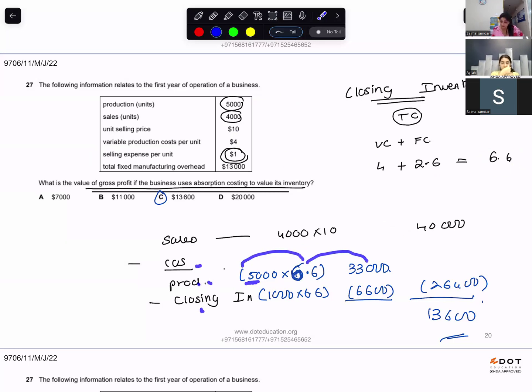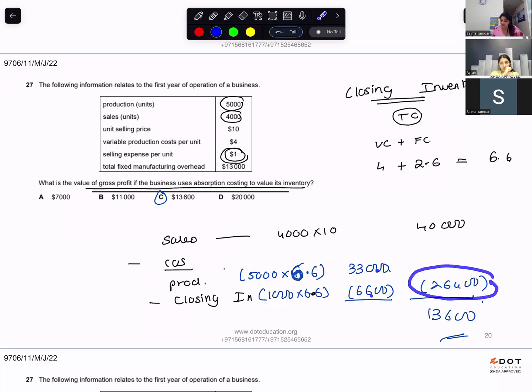Your closing inventory is also valued on the basis of absorption costing, at 6.6. So 1,000 into 6.6 is 6,600. Your cost of sales is 26,400.